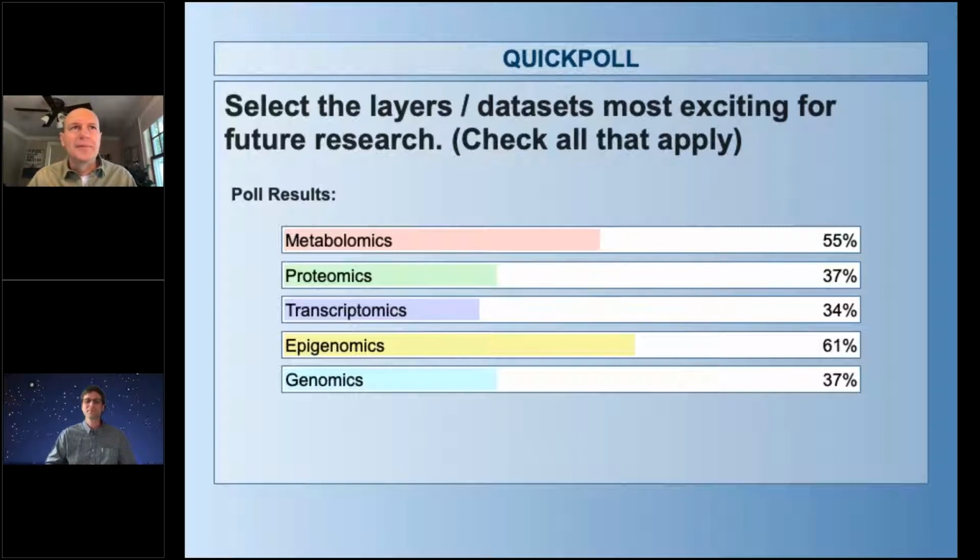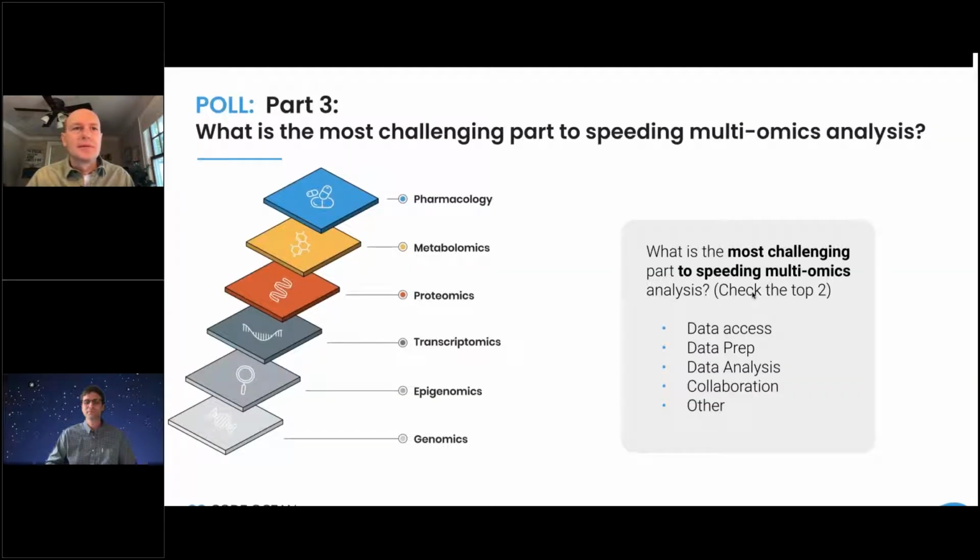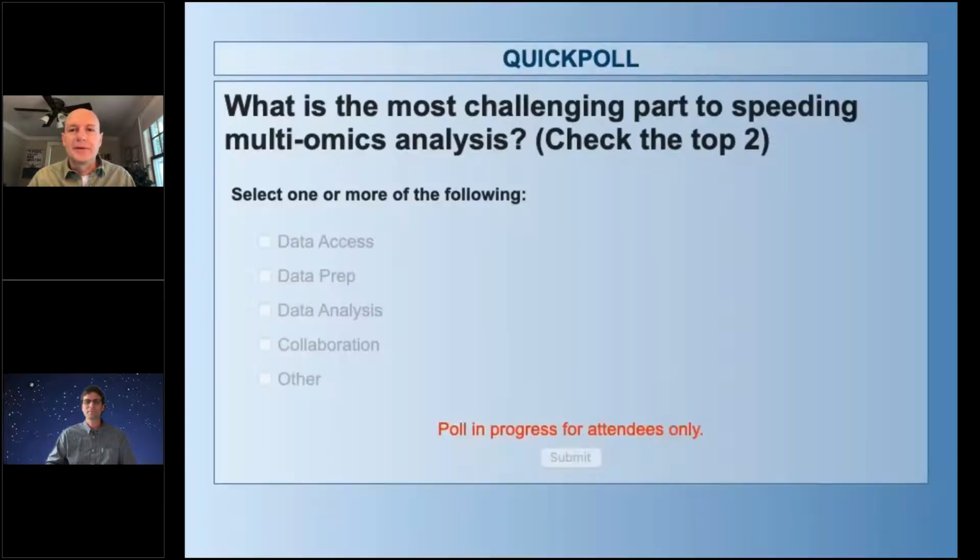Cool. Why don't we move to the third poll, which is what is the most challenging part of speeding up multi-omics? And we have data access, data prep, data analysis, collaboration, or other, if we didn't present anything that you might think is more challenging.